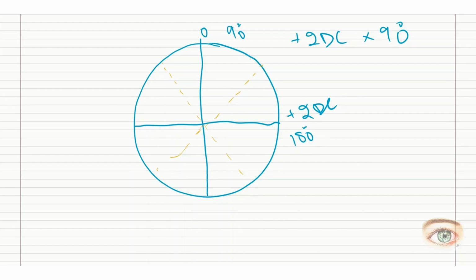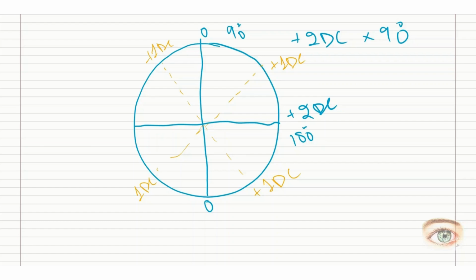At this point, I will have plus 1 diopter cylinder. This is a point where power is 0. And at this point, I will have plus 1 diopter cylinder and plus 1 diopter cylinder, right?